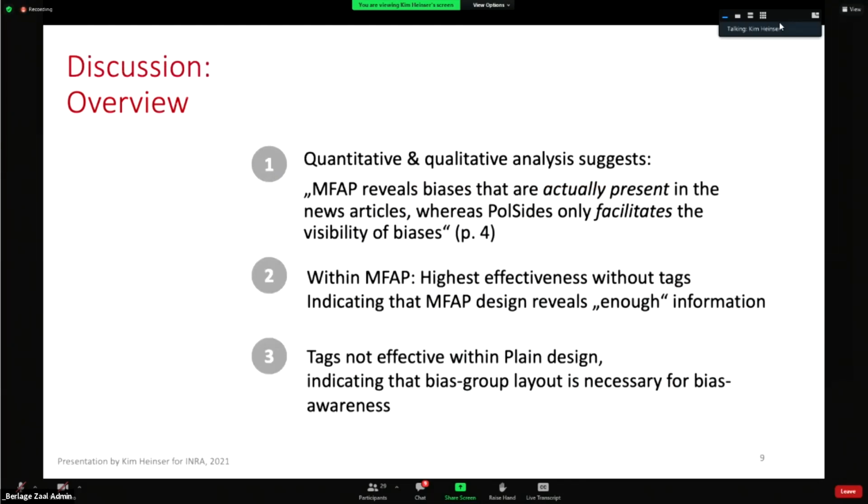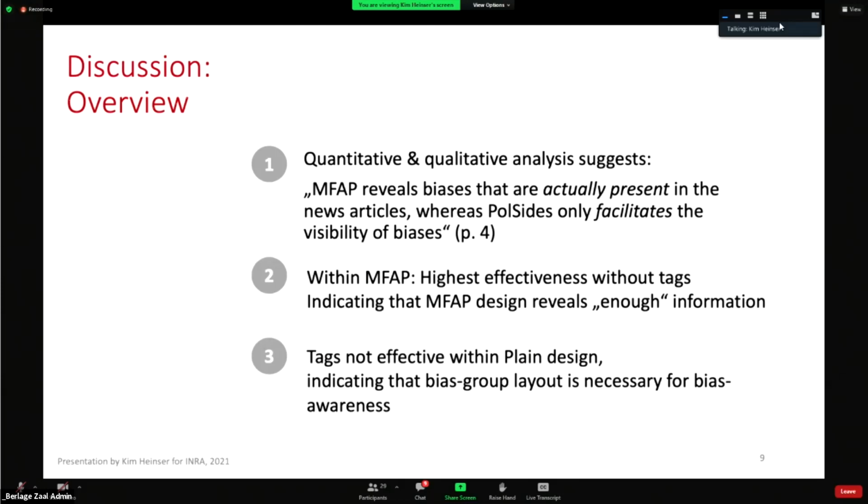As a discussion of our results, when we looked at qualitative statements by respondents, we also asked them qualitative questions. It did seem like our method reveals biases that are present in the articles, where respondents say this resonates, this makes sense, whereas the political sides really just show general direction.